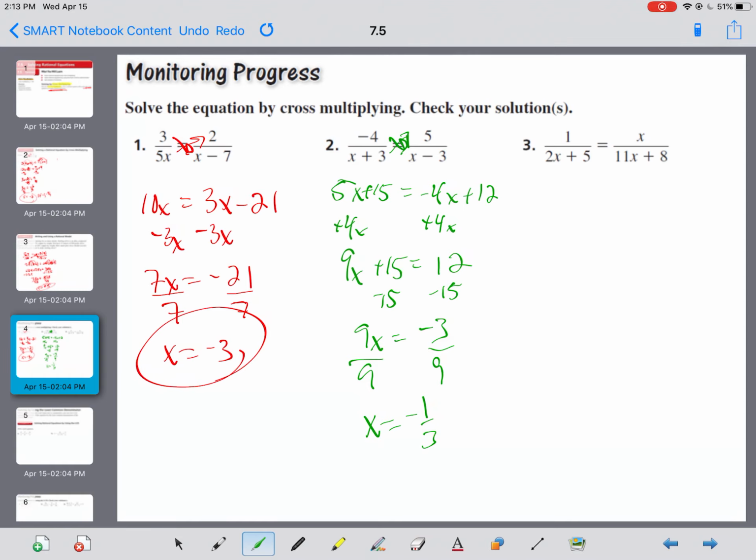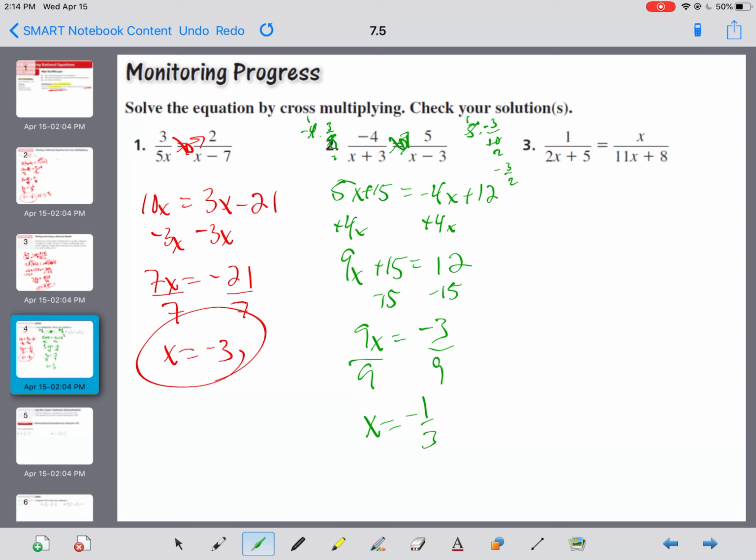Negative 1/3. Seems good. Let's plug it back in. Oh man, 3/3, that'd be 9/3 minus 1/3 is 8/3 on the bottom. And when we go negative, negative, we get 10/3 on the bottom. 5 times 3 over 10, so negative 3 over 2.